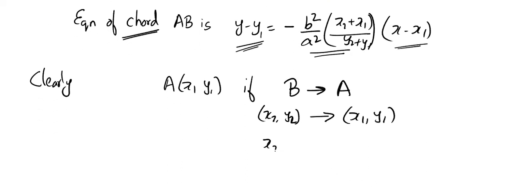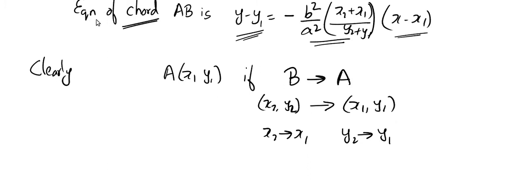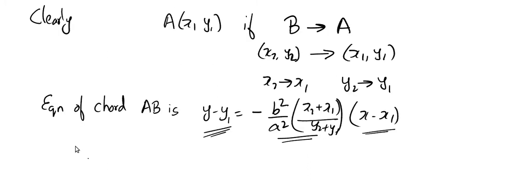That is, x2 must tend to x1 and y2 must tend to y1. Okay, so that's it. So I'm going to use or misuse this equation. Just beneath it, I'm going to write equation of tangent at A (x1, y1).